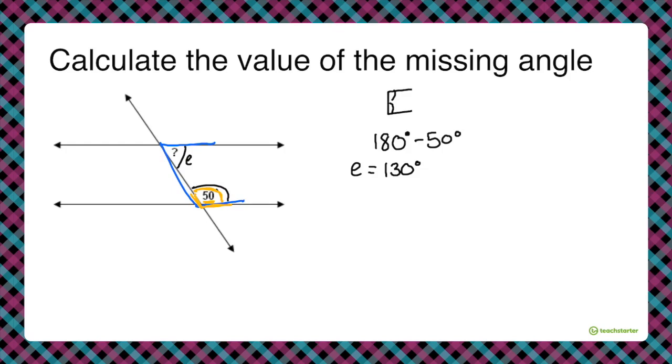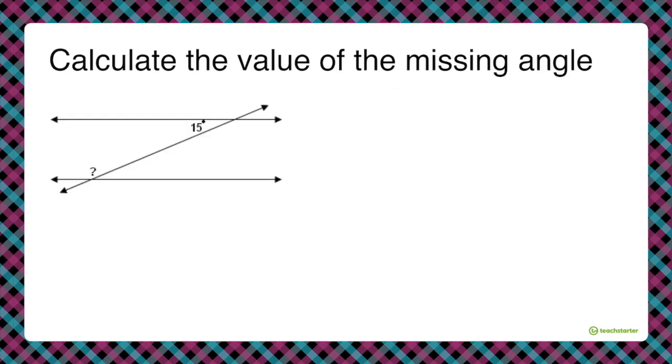All right, let's try one more. Finding the co-interior angle. Oh, I found a backwards U like that. So again, I'm going to do my symbol so my teacher knows that I know my co-interior rule. I know that the total is 180 degrees, and I've used up 15 degrees. If you need to do it like this, 180 take 15, that's fine.